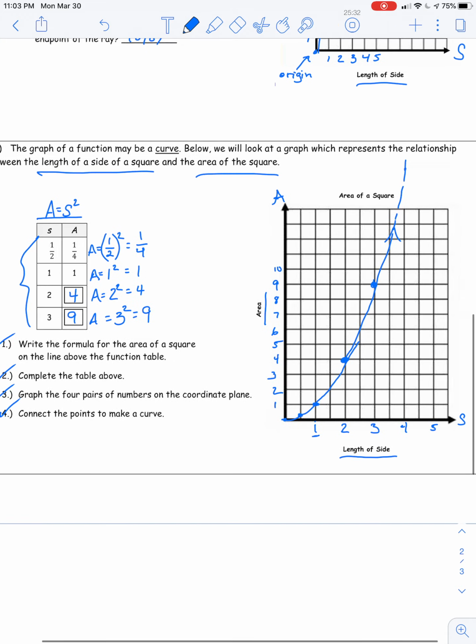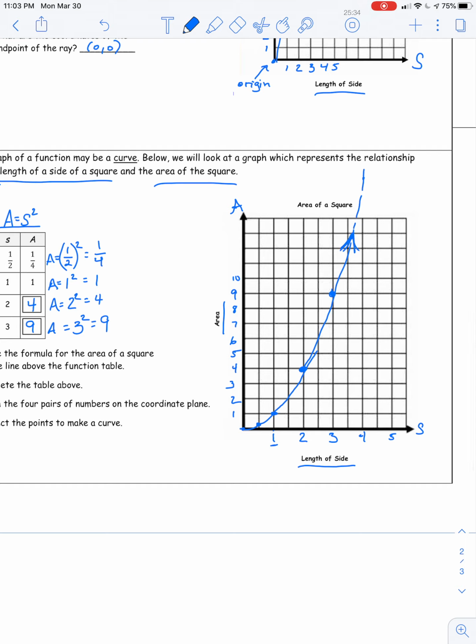And you can see that. It's not a ray because it's not a straight line. It's just a curve. Okay, so that's about it.